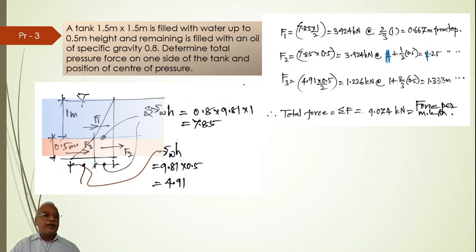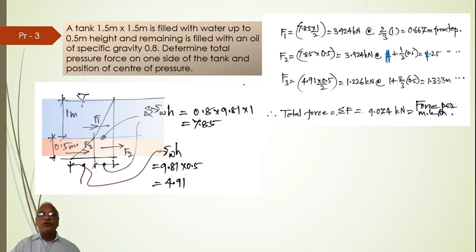Okay, F3 will be this, which will be half of 4.91 into 0.5, that is 1.226 kilonewton, which acts at, where does it act? It acts at the centroid. The centroid is again 2/3 from the top. So 1 plus 2/3 of 0.5, and if you calculate, 1.333 meters from the top.